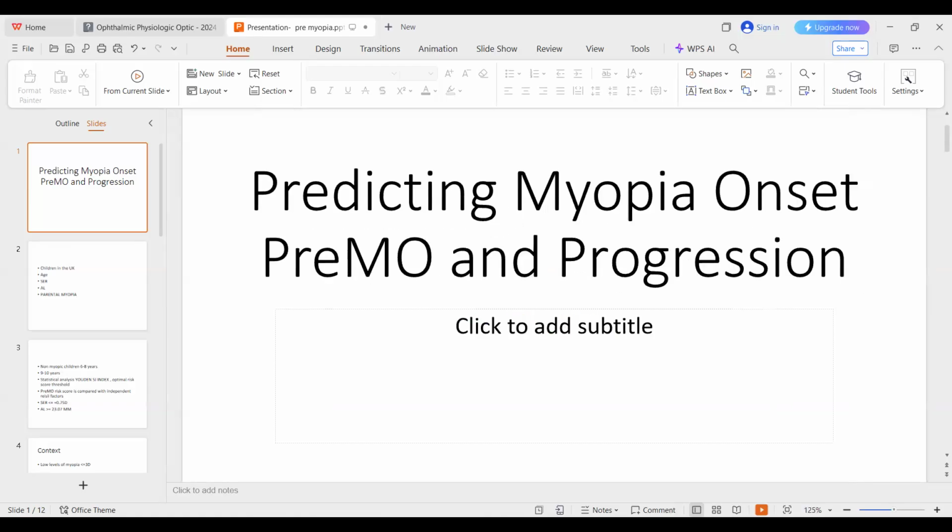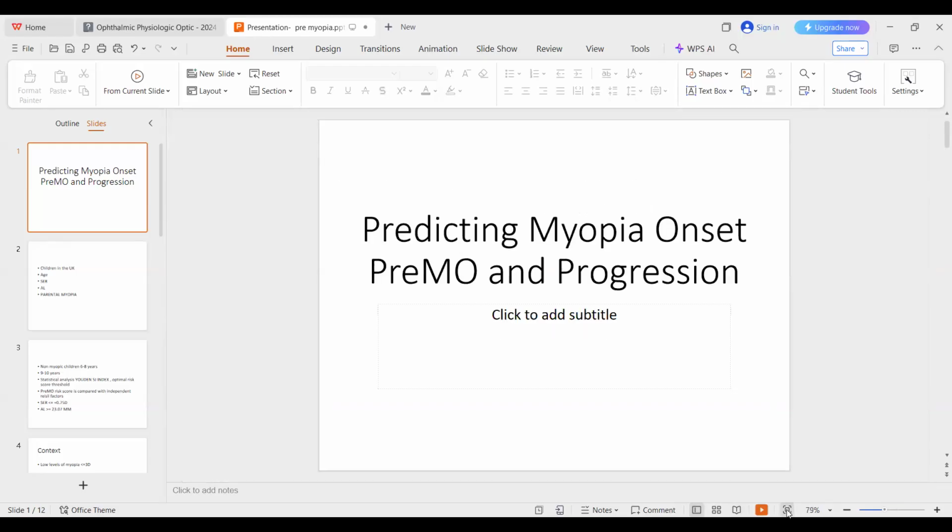You are only increasing the size of the slide, that is not full screen. You can press this orange button.